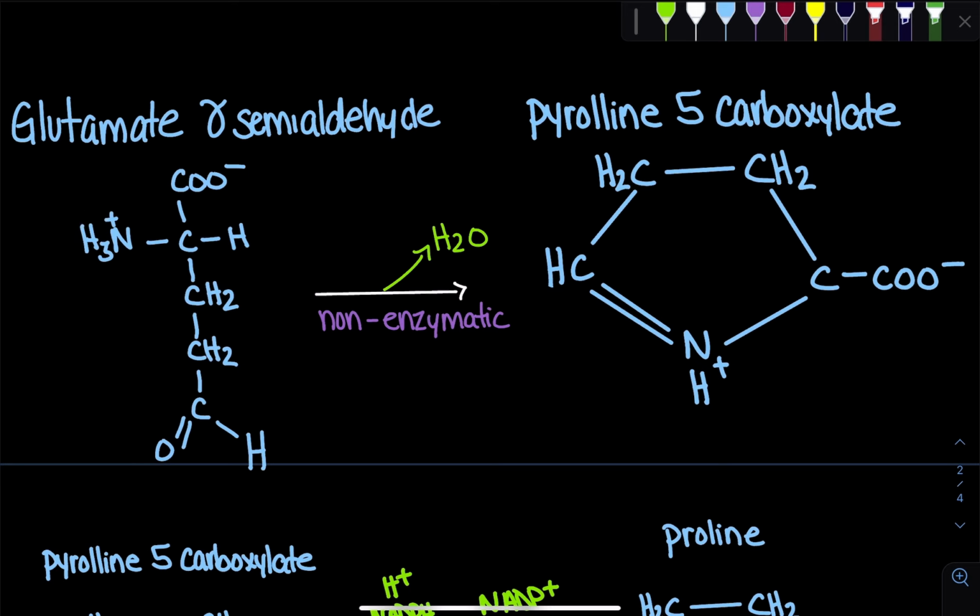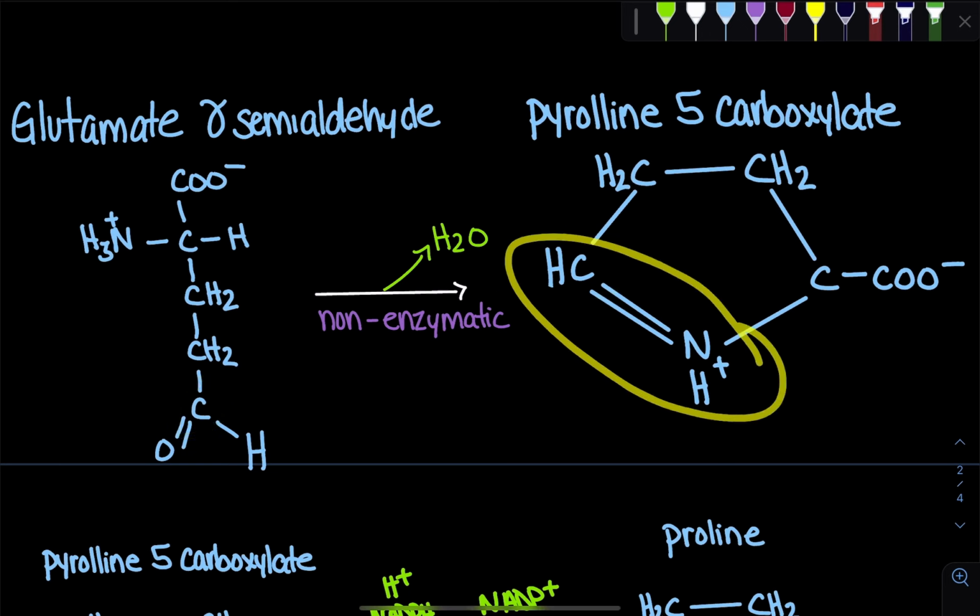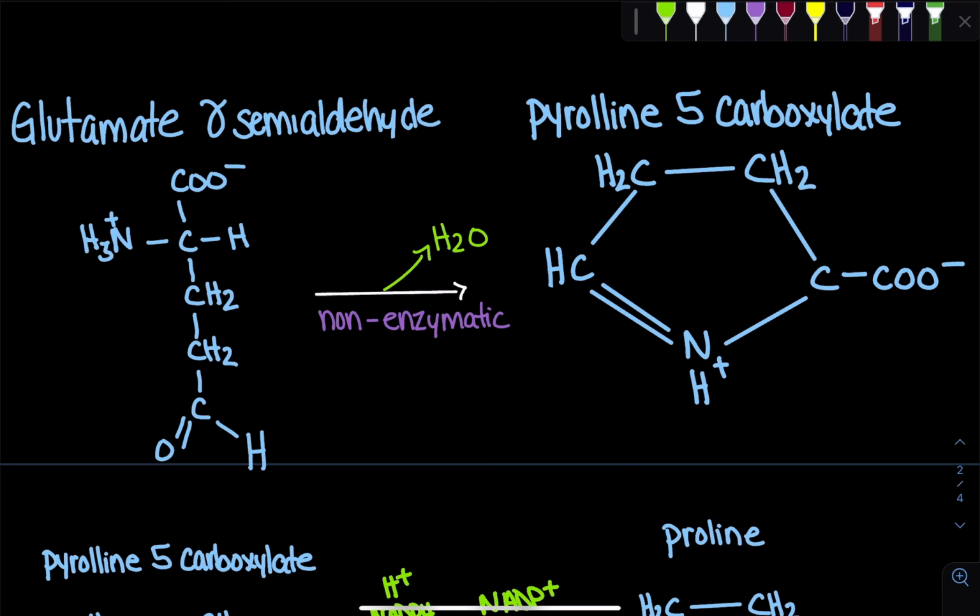And we can actually see it over here. So essentially, this carbon right over here is this carbon right over here. And it has that carboxyl group, it has that nitrogen group. So this is our alpha carbon. And this nitrogen has formed a bond with this carbon. So this carbon correlates to this carbon. And we see this double bond formation. But this doesn't look like proline yet. This is actually called pyrroline 5 carboxylate.